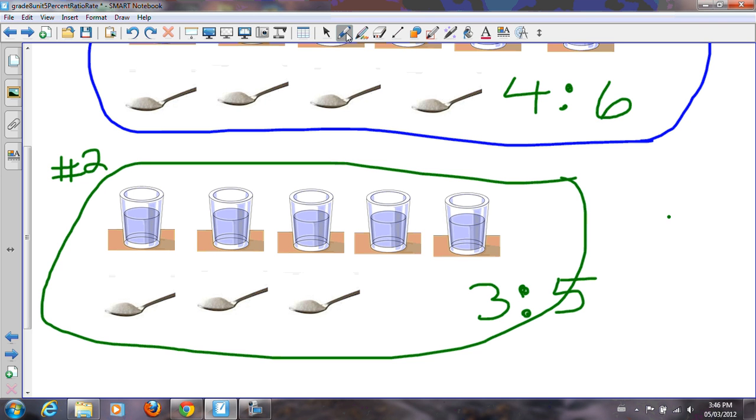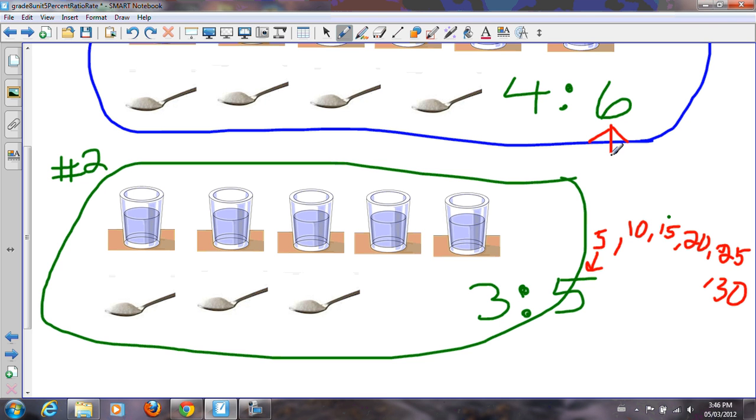So let's change each one to something that they might have in common. Let's look at this number here, and this number here, in other words, both of them on the glasses side. If we start counting by 5s, let's count 5, 10, 15, 20, 25, and 30.